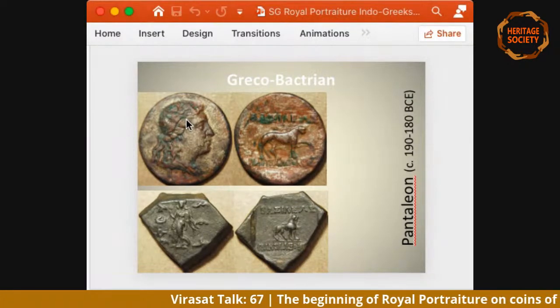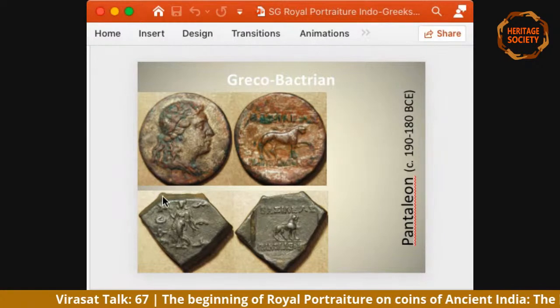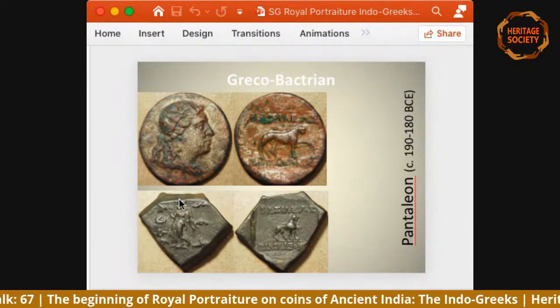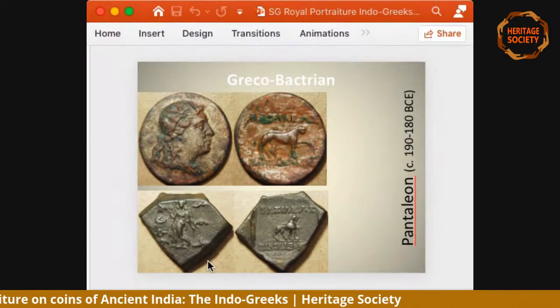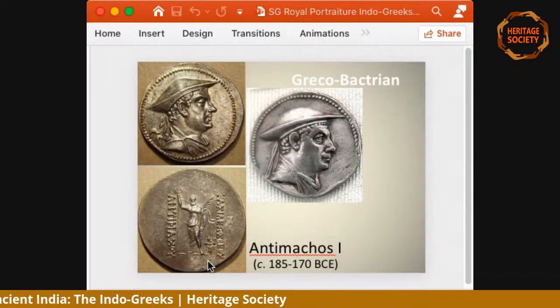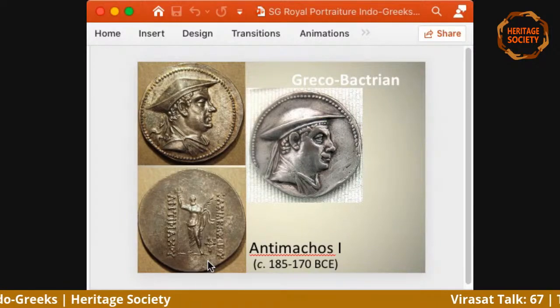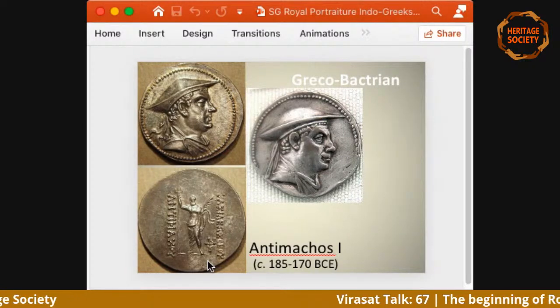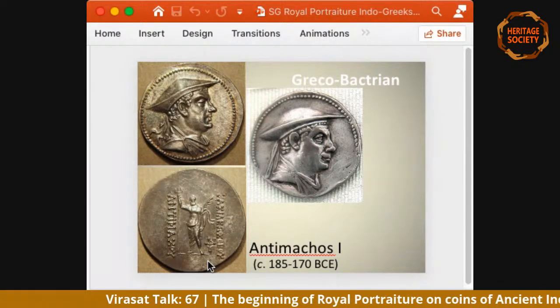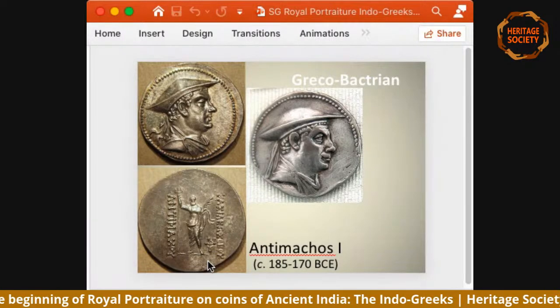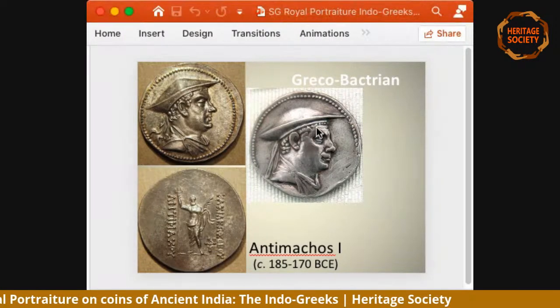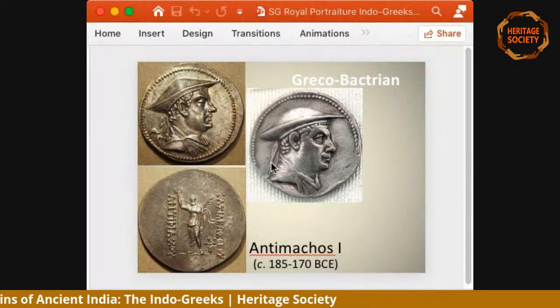So here, before we move on, just to recap, we start getting Brahmi legend on the coins of the Greco-Bactrians. And this is another coin of Antimachus, wearing a very strange headgear. Instead of a diadem, the diadem is also visible here, you can see.